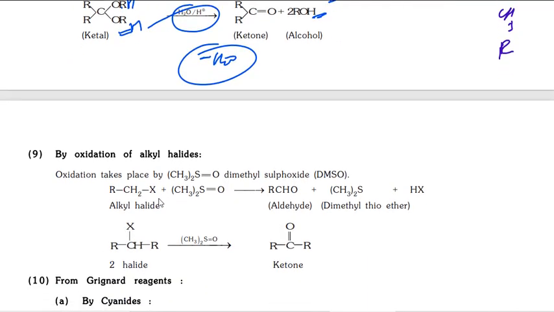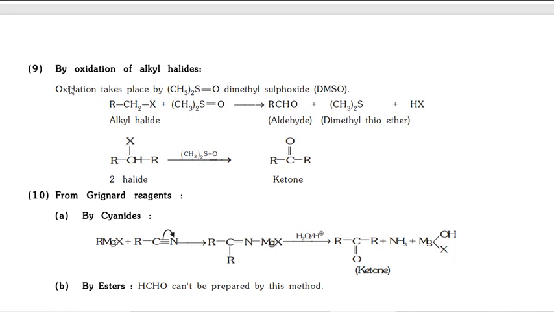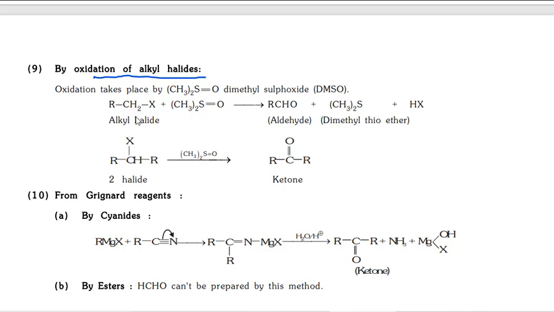Next, the last one, second, right? By oxidation of alkyl halides. So these alkyl halides react with dimethyl sulfoxide and give aldehydes. Okay, see here what's happening. Dimethyl sulfoxide is an oxidizing agent.